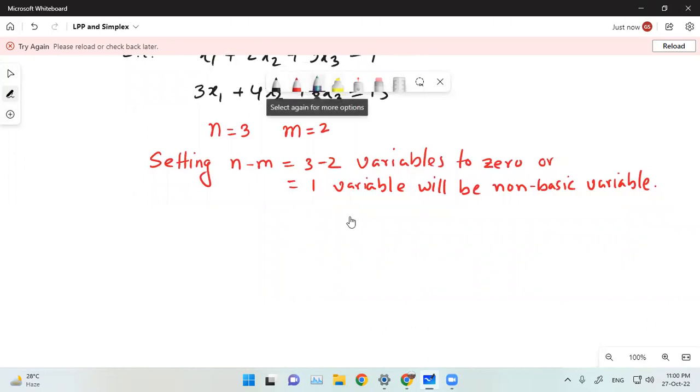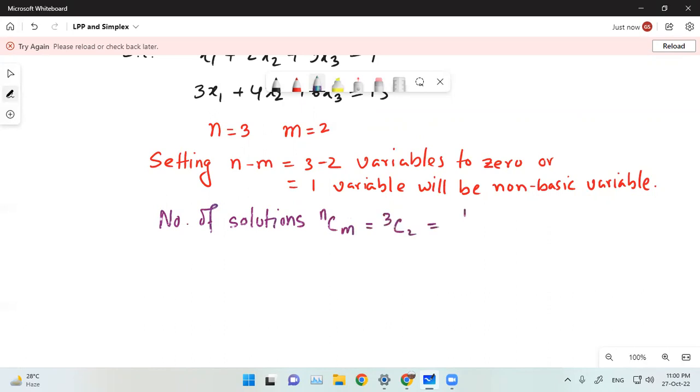The number of solutions is nCm, basically 3C2, so factorial 3 divided by factorial 2 times factorial 3 minus 2, that is factorial 1. Ultimately, there will be 3 solutions.